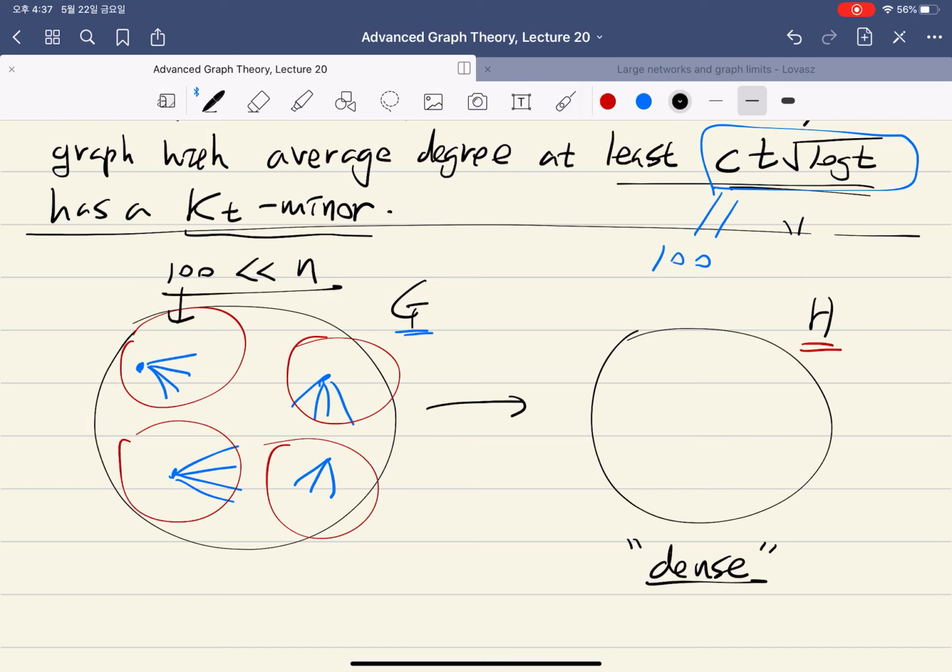After contracting, H has a much smaller number of vertices, while its degree is still roughly 100. So if H has m prime vertices, then 100 is bigger than some number proportional to m prime. Later we will show that this is actually possible. So this is the first thing that we want to do.